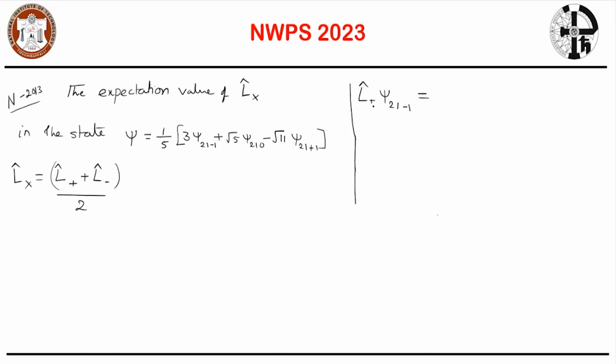What is the answer? H cross times the square root of l times l plus 1, that makes it 2, minus m times m plus 1. Here m is minus 1, so minus 1 plus 1 is 0. So it's only root 2.